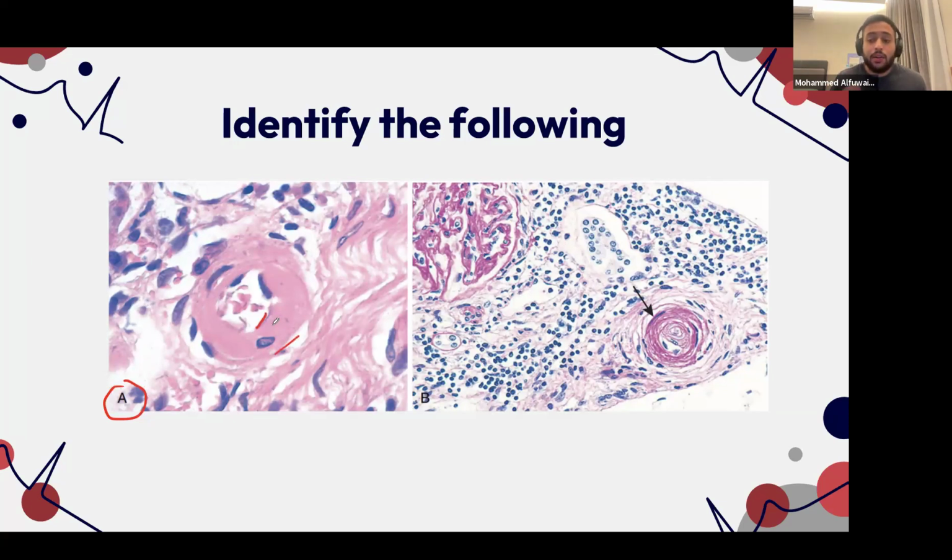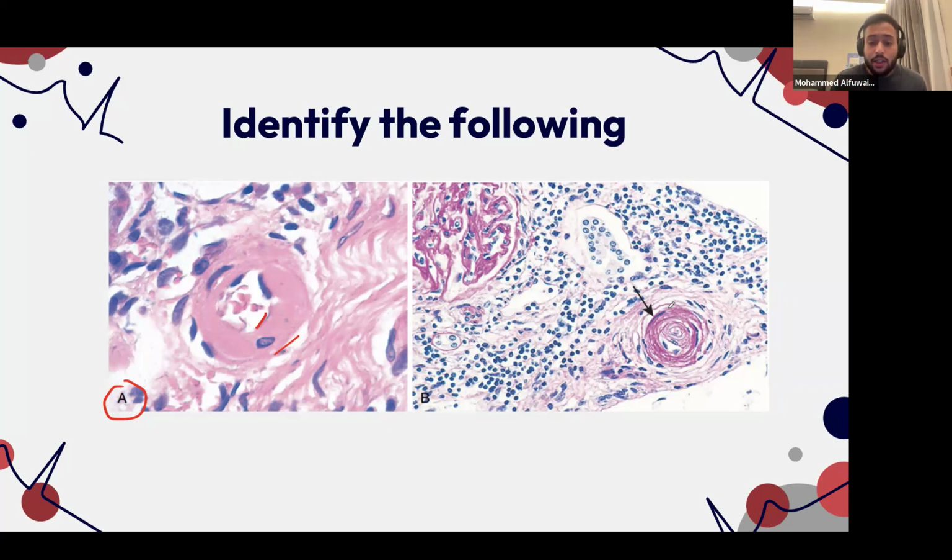Okay. Now, there's two pathologies that can lead to hyaline arteriolosclerosis, or two diseases. What are these two diseases? Excellent. Diabetes and benign hypertension. Okay, perfect. This is very important to remember. Diabetes and benign hypertension.